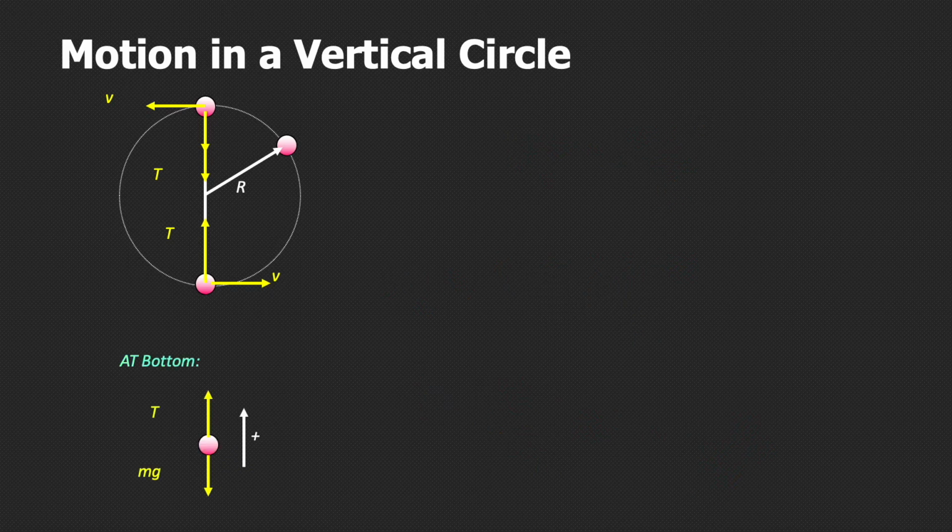So this is how we calculate the tension when the object is at the top of the vertical circle. But if the object is at the bottom of the circle, again, Fc is equal to mv squared over r. At the bottom, mg, the weight of the object, and T are in different directions, so we can subtract. So T minus mg is equal to mv squared over r.